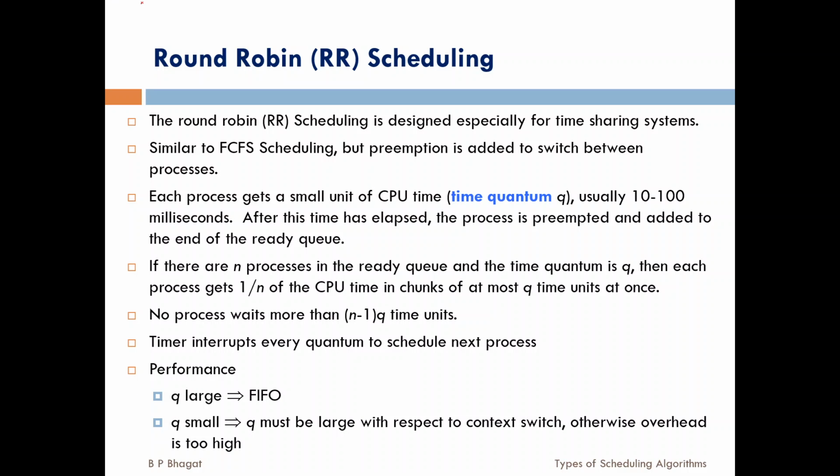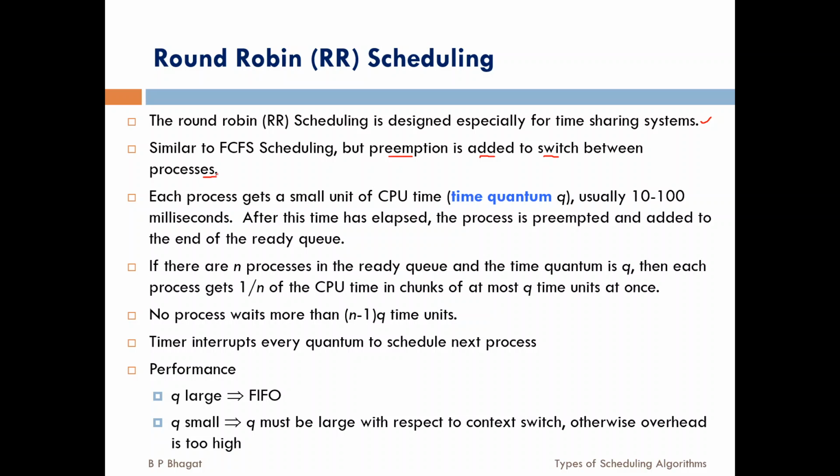Then let us discuss another scheduling algorithm, the round robin scheduling algorithm. This algorithm is specially designed for time sharing systems. It is similar to FCFS scheduling, but preemption is added in order to switch between the processes.